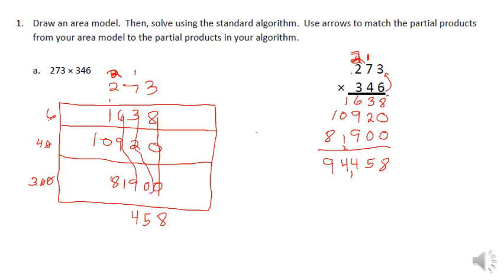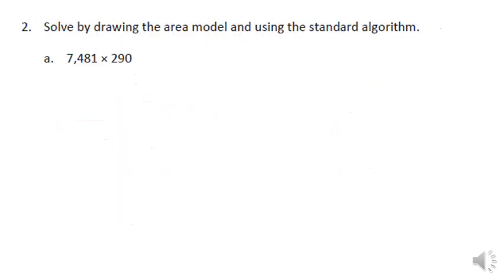See, I did not line up my place values very well, and I had a problem when I started adding them. Okay, so make sure when you put them in the area model, if you're going to do it that method, line them up by place values. I did good till I got to the bottom one, and then I had a problem.